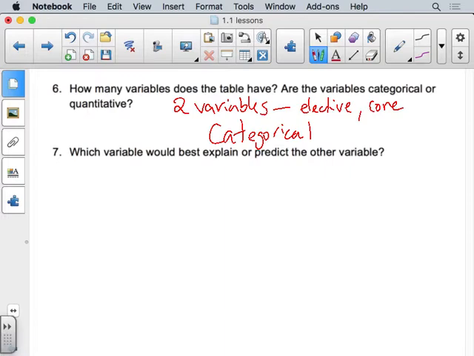We're trying to see whether your core class, like if you're more of an artsy English person or a technical math person, predicts whether you prefer foreign languages, or arts, or music, or more technology. So what did I write? Core class could predict elective. If you put it the other way, you could probably do a good job convincing me. That one's kind of weird, but sometimes it's really cut and clear. Sometimes it's not.